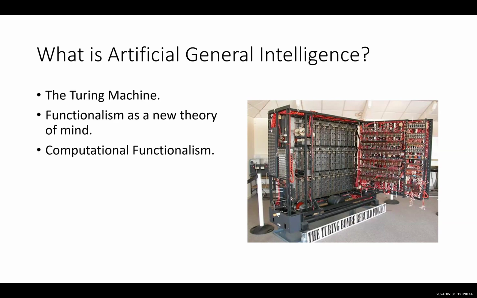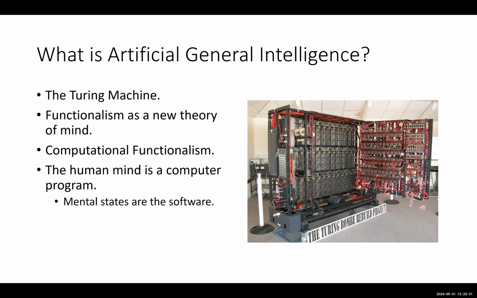This is also sometimes called computational functionalism. And what we mean here by adding this notion of computation is that the mind is performing a computation, right? The mind is a kind of a computer program where the mental states are like software and the brain is the hardware. And this still is a very influential, very popular theory of the nature of the mind.